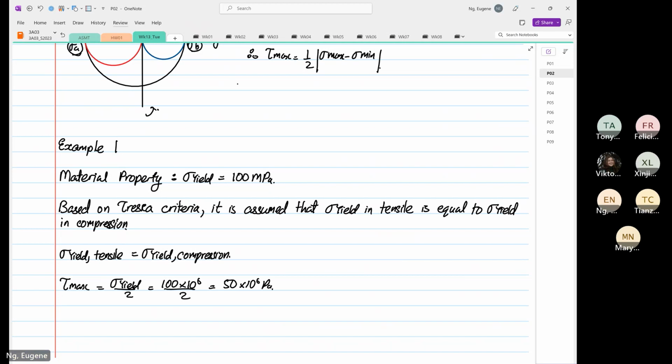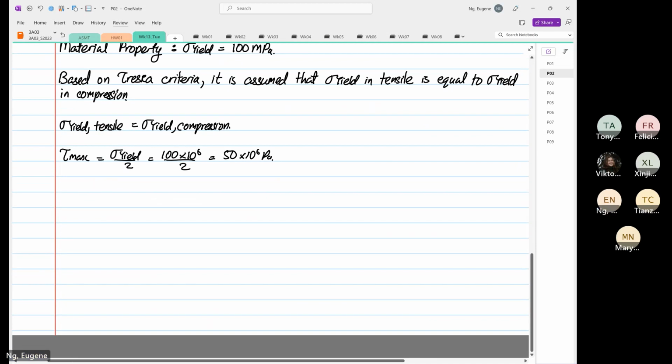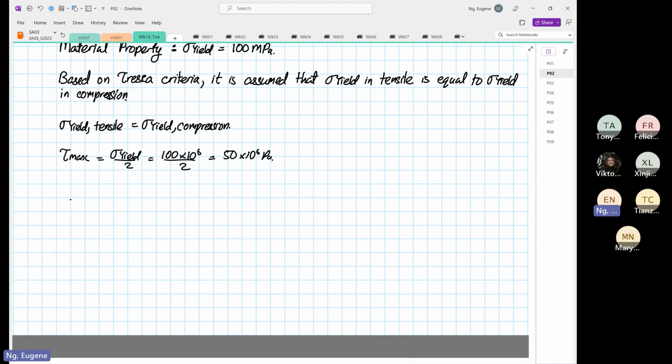Now, if we have an element, this is our X and Y, and we also have a Z. So from here, we draw an element.